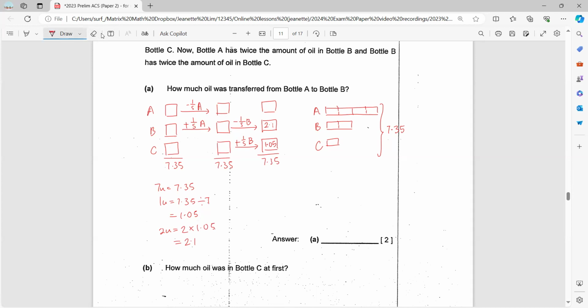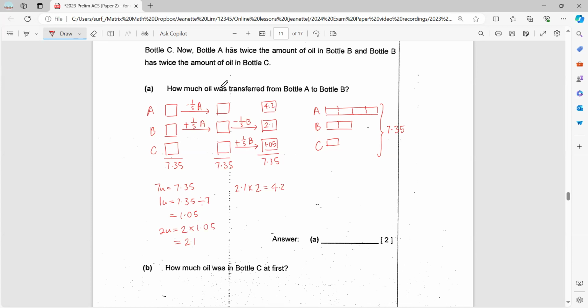For A, you can find 4 units, or double of 2.1. So 2.1 times 2, 4.2.